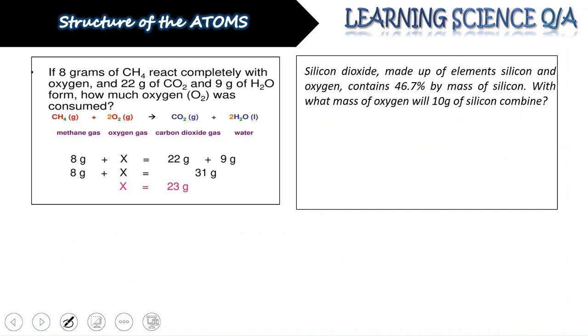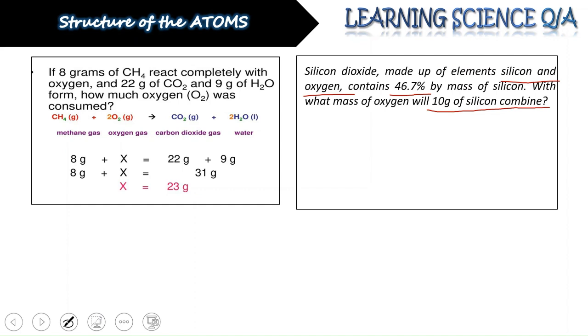Another question says silicon dioxide, which is SiO2. Silicon dioxide is made up of elements silicon and oxygen, and it contains 46.7% by mass of silicon. With what mass of oxygen will 10 gram of silicon combine?